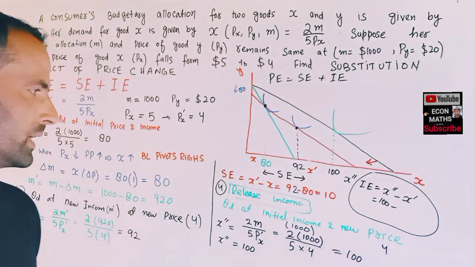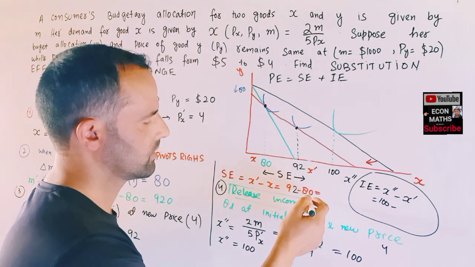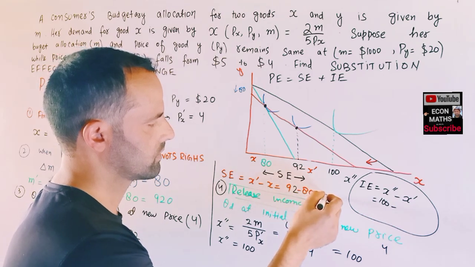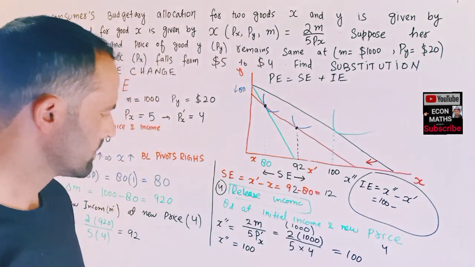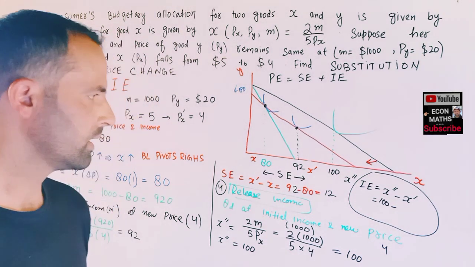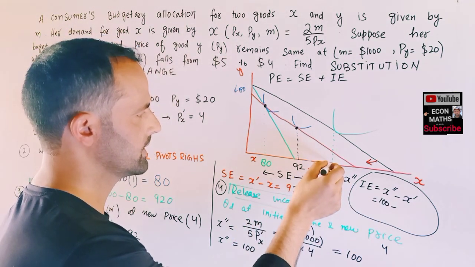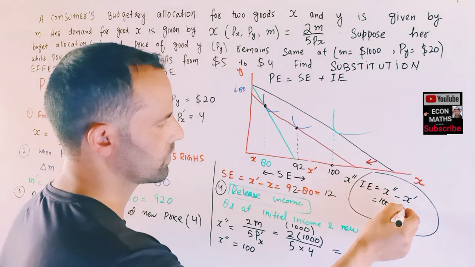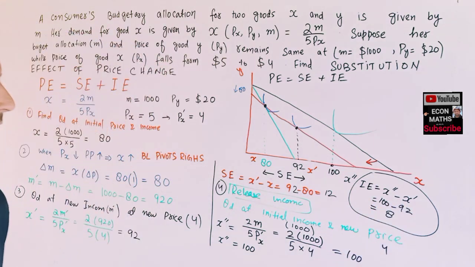Okay, I guess I have rectified my mistake. So income effect will be this 100 minus 92, which comes out to be 8.